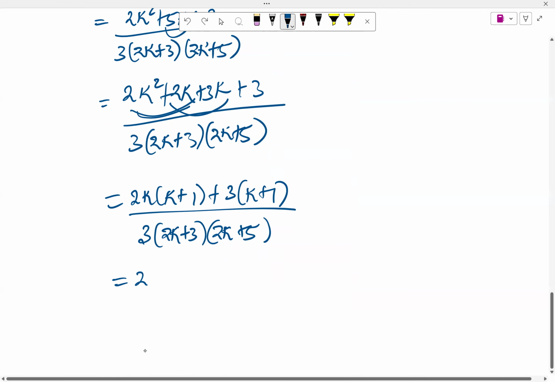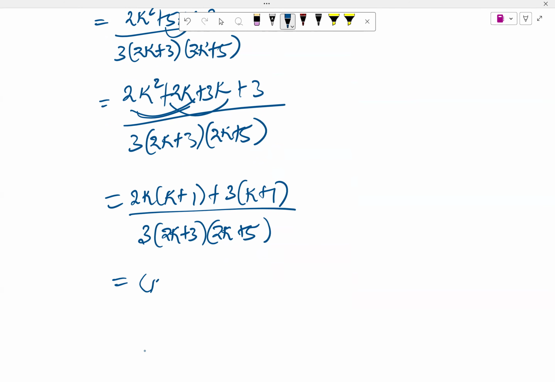It's better to have k + 1 as the common factor. So bring k + 1 out, all of that times (2k + 3), over 3(2k + 3)(2k + 5).